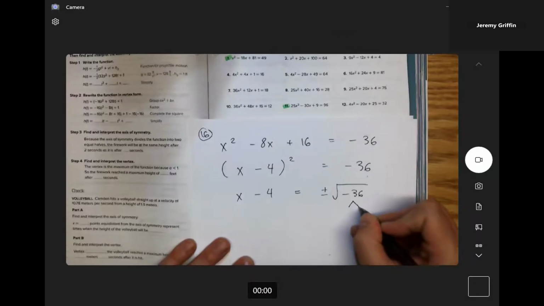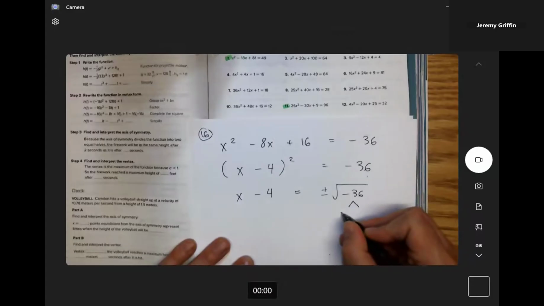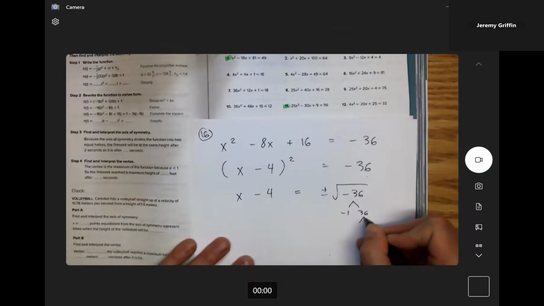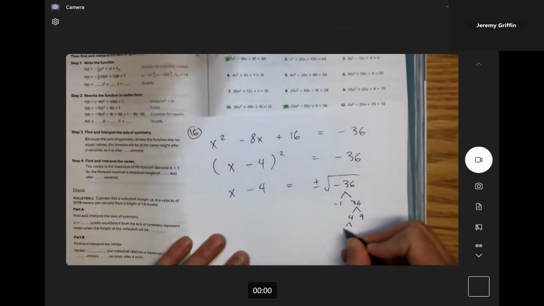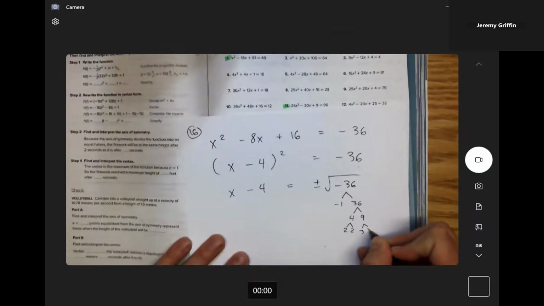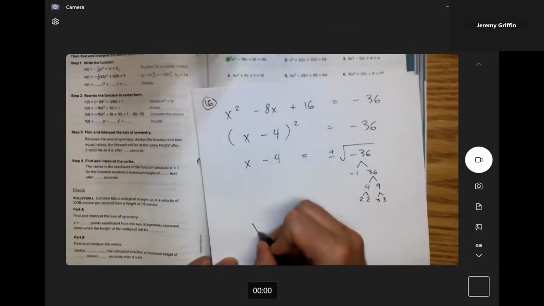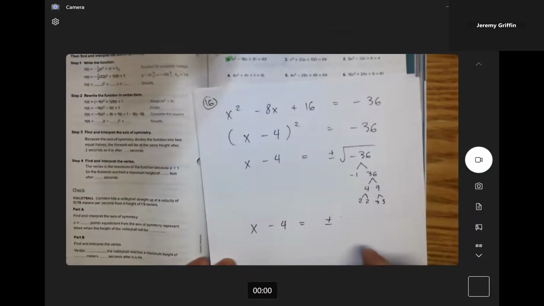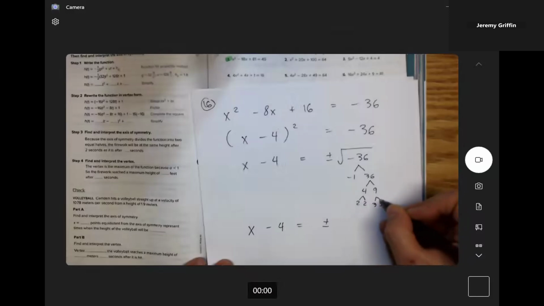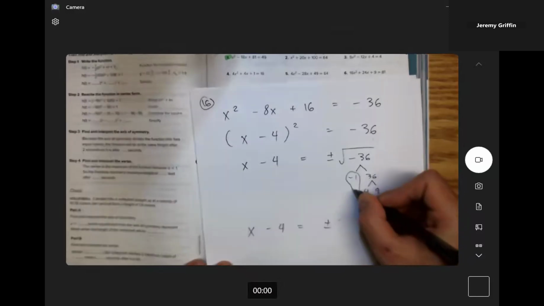Now, if I break this down, factor tree, I got a -1 and a 36. Now, 36 breaks down to 4 and 9. Now, 4 and 9 are both perfect squares. That's 2 and 2, and 3 and 3. So I could think of it this way. X minus 4 equals, I'll still have a plus or minus, and it's all of this: 3, 3, 2, 2, and -1.